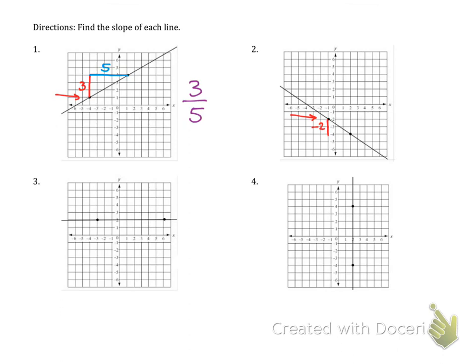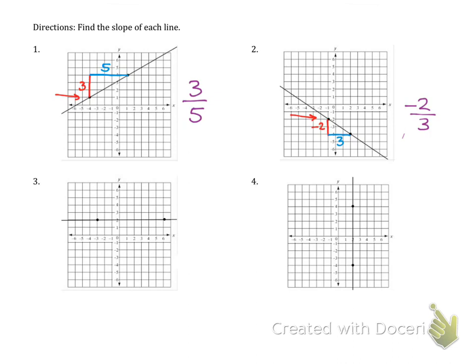So that's our vertical change. And then our horizontal change, we're moving 1, 2, 3 to the right. Therefore, our slope is -2 over 3, or -2/3.